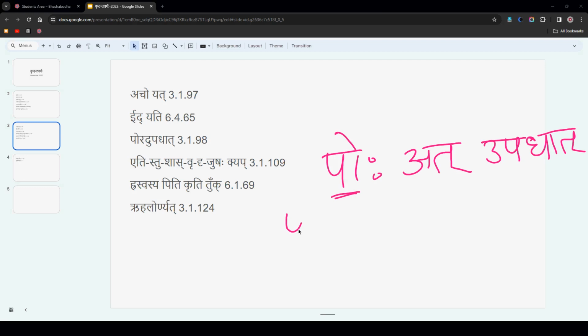Poho is the Panchami Vibhakti of pu. Like we have Guru Shabda, right? What is the Panchami Vibhakti Ekavachana of Guru Shabda? Shubhashri Bhagini, what is the Panchami Vibhakti of Guru Shabda?